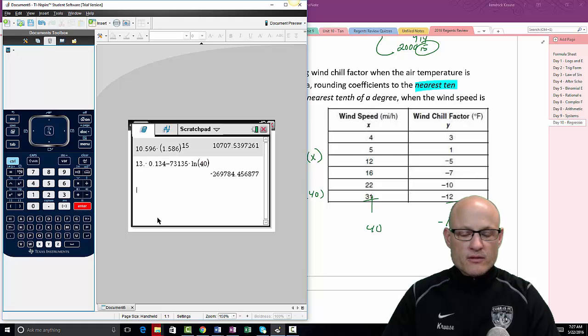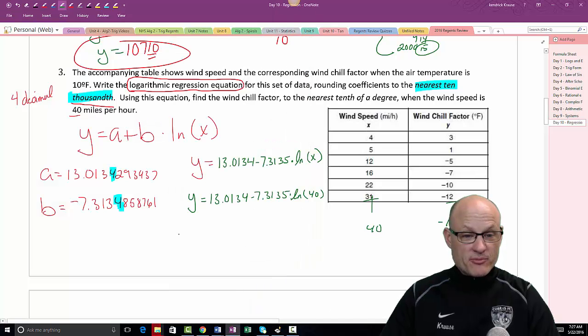Enter. Oh, I have 73,000. Maybe that's why that's not going to work. That doesn't make any sense. I forgot the decimal, and it looks like I have a times here. Oh, there we go. Negative 13.844. That makes more sense.